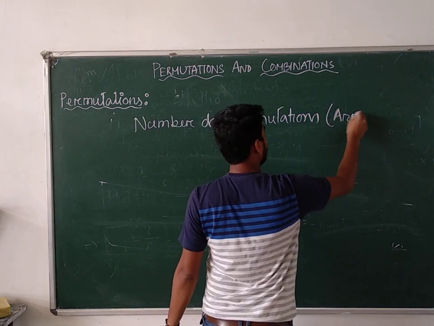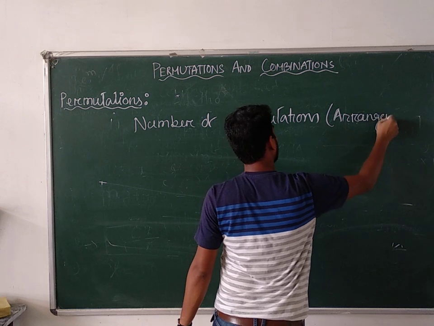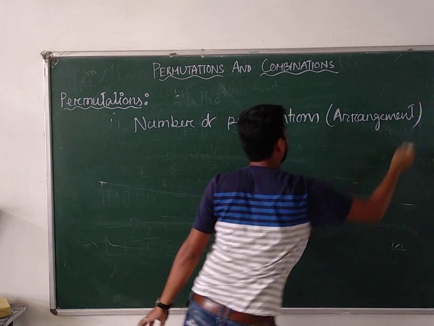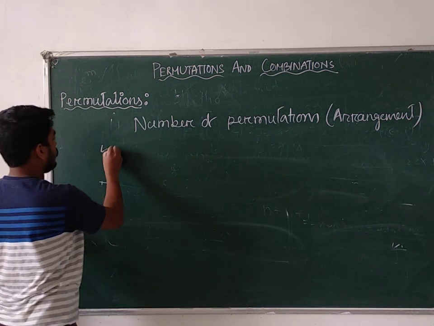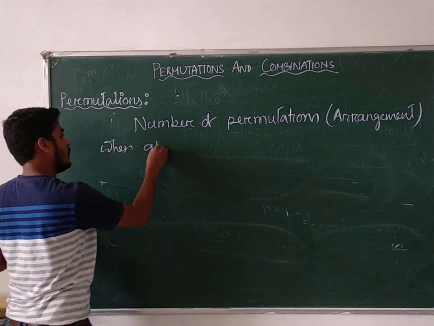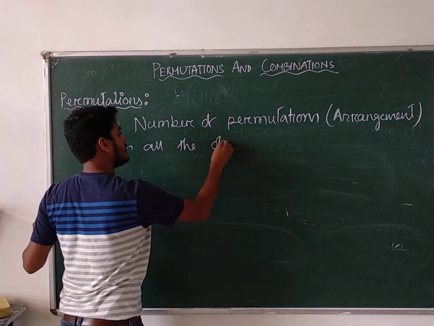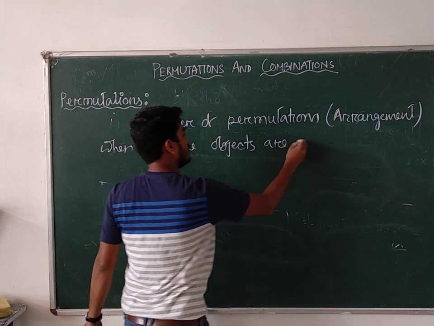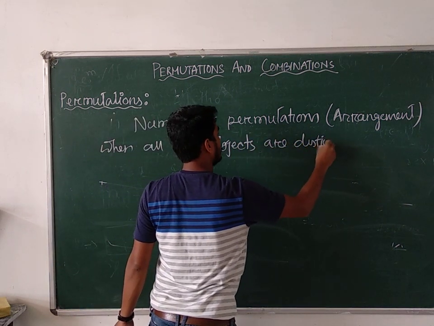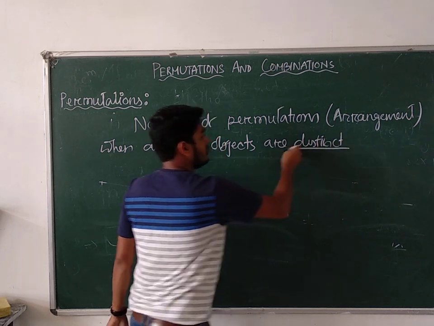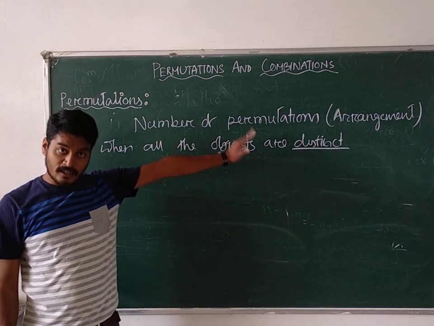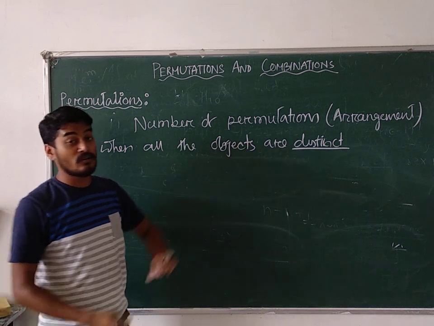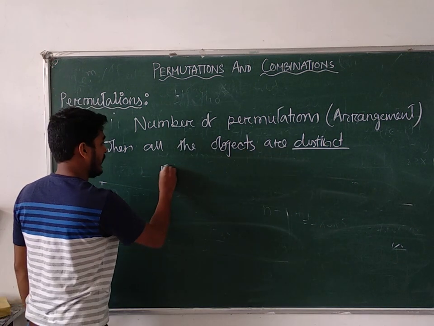Permutation means arrangement. Number of permutations when all the objects are distinct. Remember, when all the objects are distinct, then and then only we will try to apply this formula.